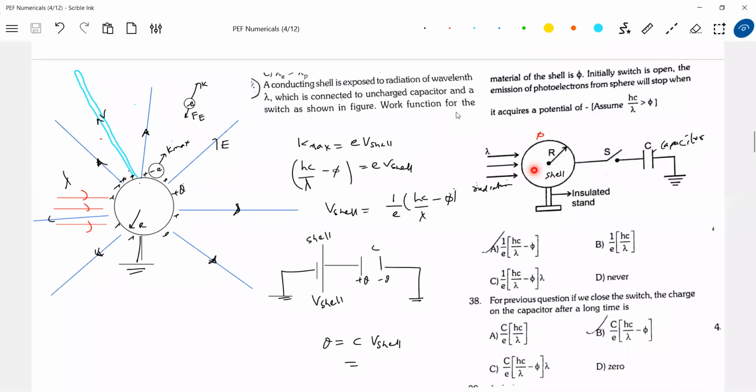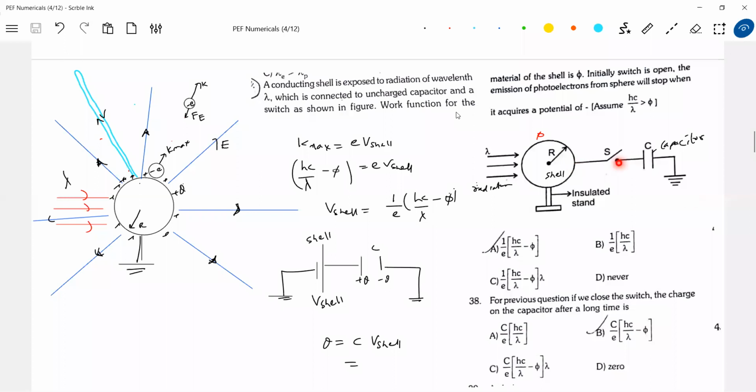How long will the flow of charge occur? Photons are incident, photoelectrons are ejected, and instead of reaching infinity they go like this, so photoelectrons will continuously keep coming.